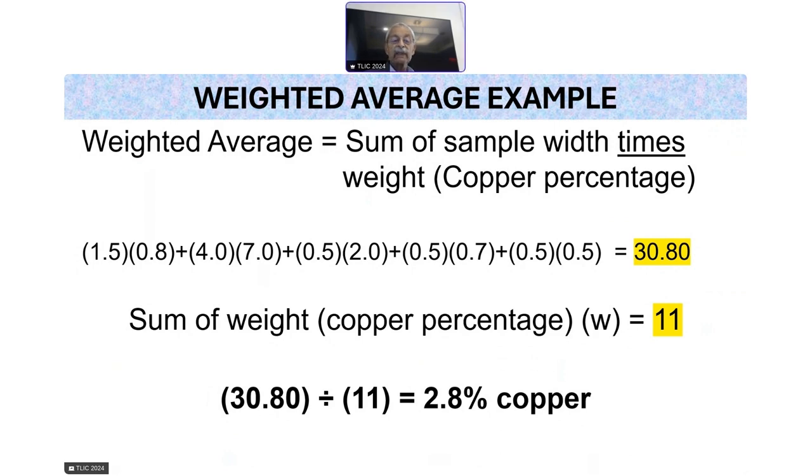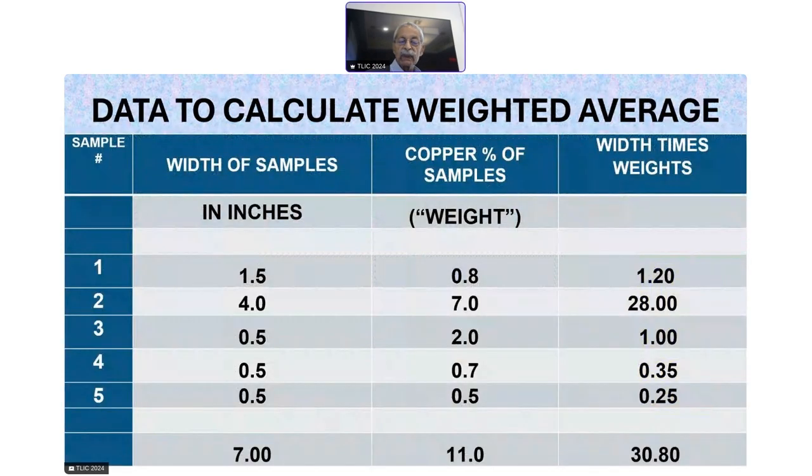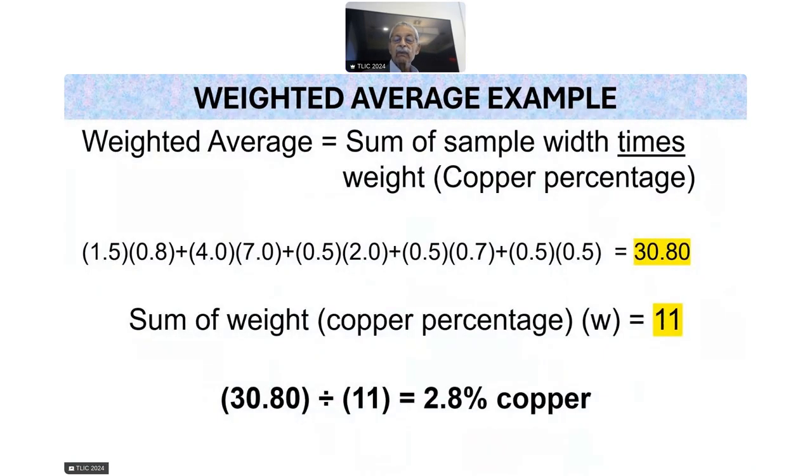Then 30.8 divided by 11 is the weighted average. So that is 2.8% copper. There is 2.8% copper in this, on average.